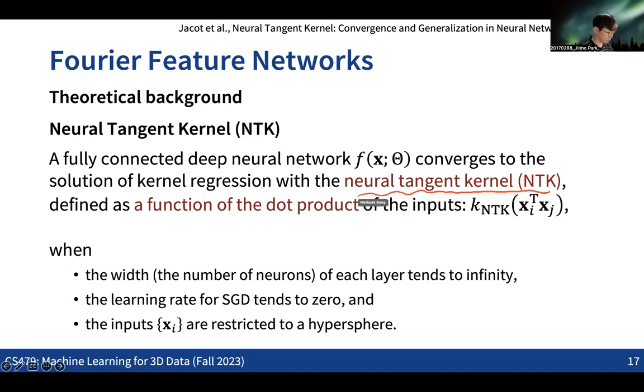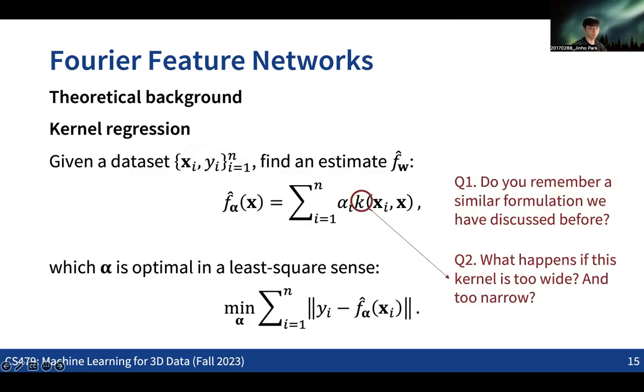We are not going to get into all the details. But basically, this neural tangent kernel is a dot product kernel, which is defined like this. Given any two inputs, the kernel function is defined as the dot product of these two.